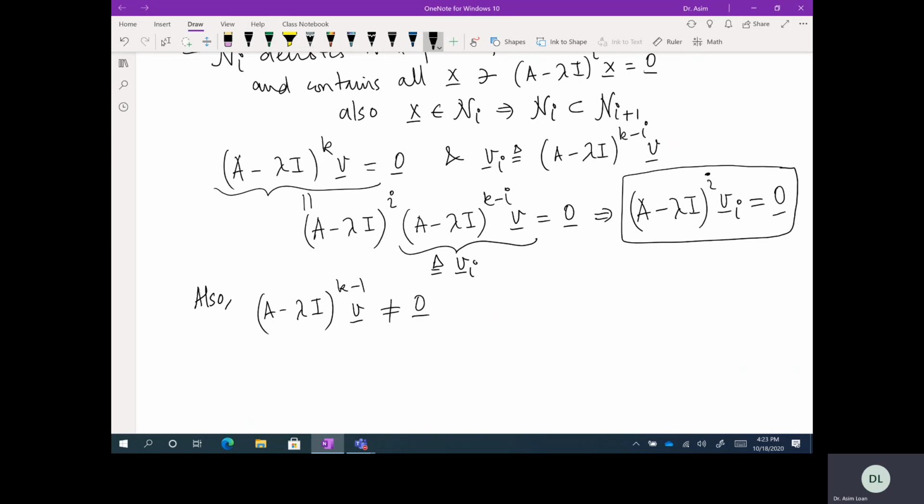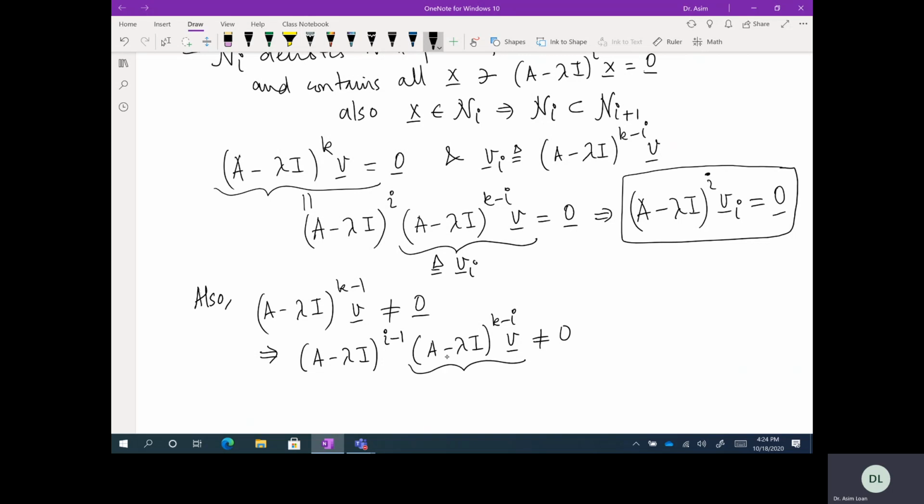This I can write as A minus lambda I to the i minus 1 into A minus lambda I to the k minus i into v not equal to 0.